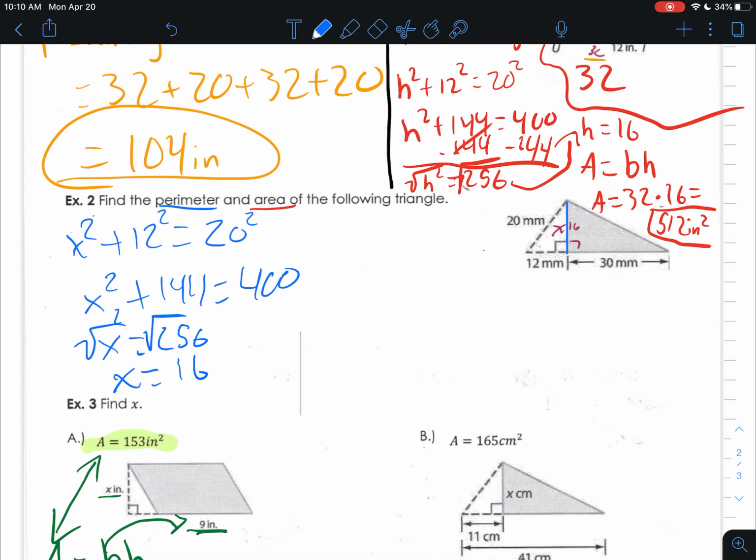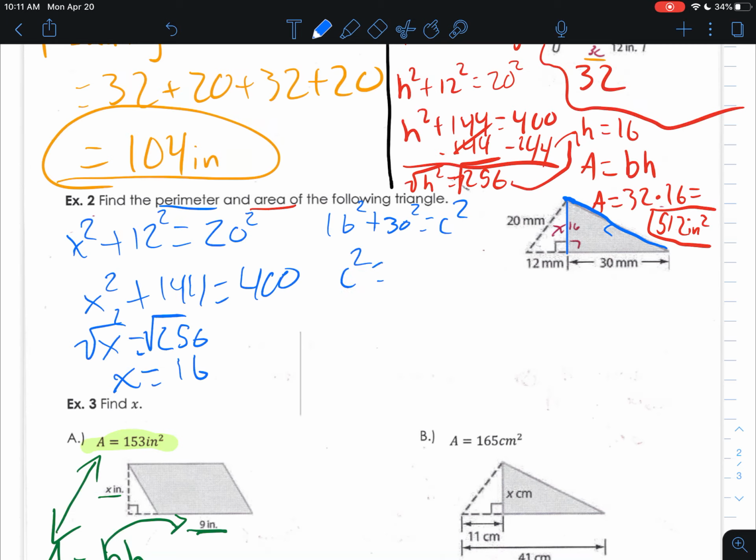Now, we also need to figure out what this side is for the perimeter. So once we do that, we take 16 squared plus 30 squared equals, we'll say this is c squared.